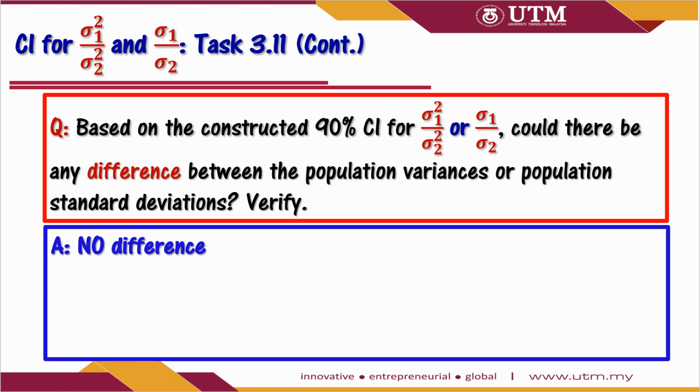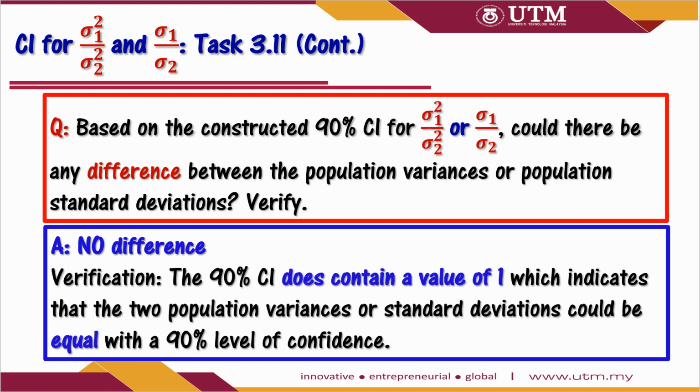Thus, in this task 3.11, we can verify that there could be no difference by saying that the 90% confidence interval does contain a value of 1, which indicates that the two population variances or the two population standard deviations could be equal with a 90% level of confidence.